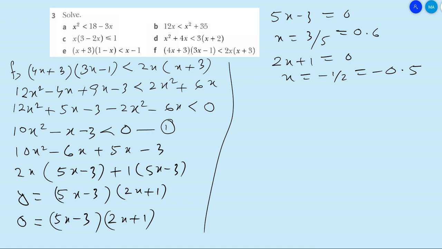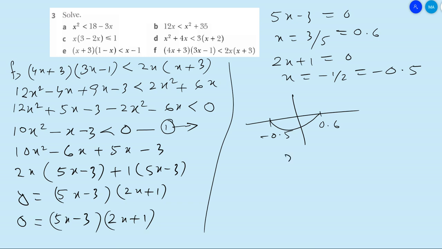Now plot the curve. For example, this is minus 0.5 and this is 0.6. This is our curve, and you can see in inequality number 1 there is a less than sign with the quadratic inequality. So less than sign means we need the part of the curve which is below the x-axis.